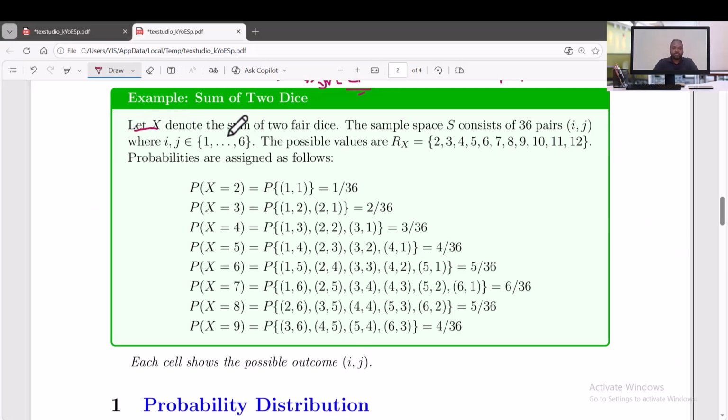Let x denote the sum of two fair dice. The sample space S consists of 36 pairs (i, j), where i and j run from 1 up to 6. So the possible values are 2, 3, 4, 5 up to 12. Their respective probabilities are given below.